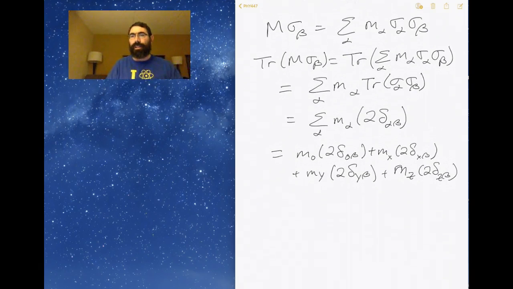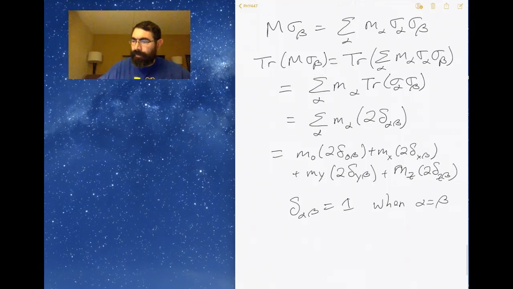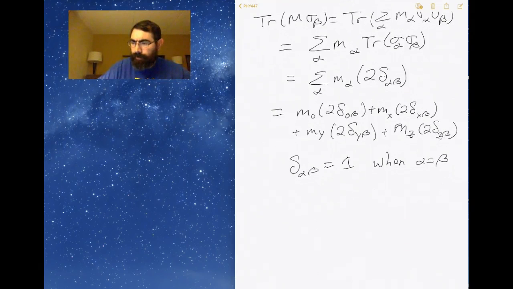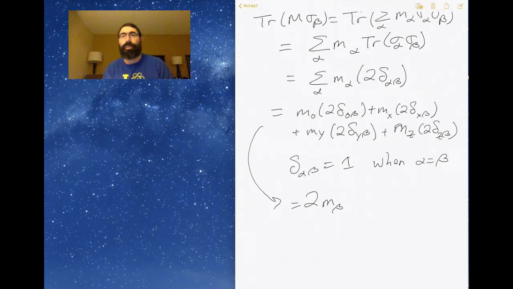In this case, all three of the others are going to be equal to 0, and I'm only going to save the one term, since delta alpha beta is only equal to 1 when alpha is equal to beta. So in the end, what I get is 2 times the constant M sub beta. So I can pull out the one that I want.